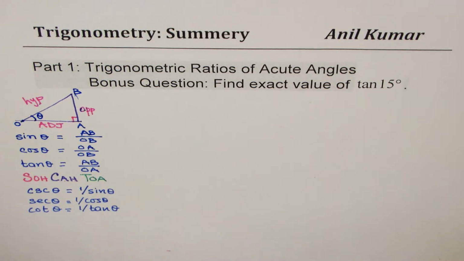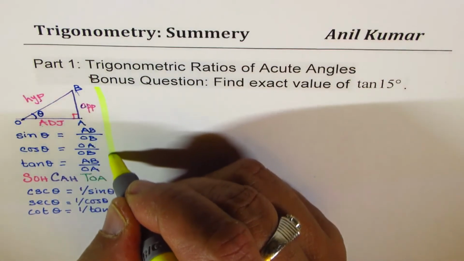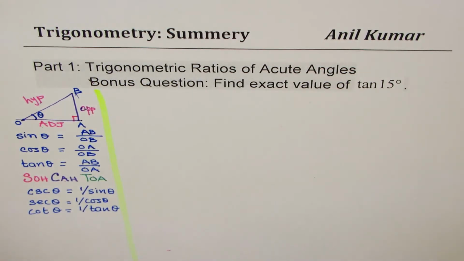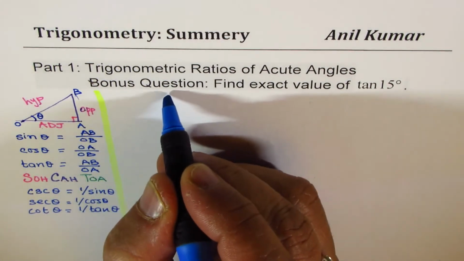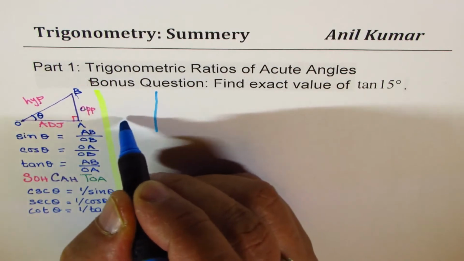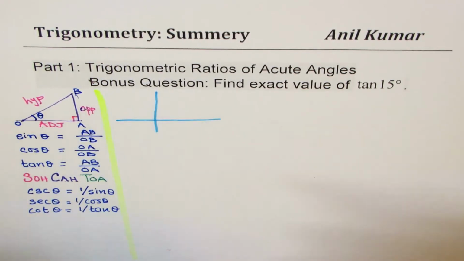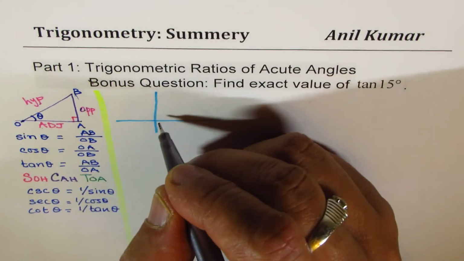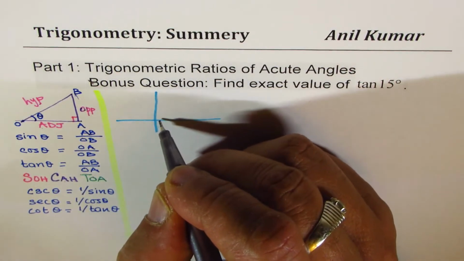Now if I take the same triangle in a coordinate plane, so let me make a coordinate plane and consider a point P with x and y coordinates. I'll just sketch a coordinate plane, and we are considering all angles in the first quadrant. So we're considering acute angles, right? So acute means less than 90 degrees.